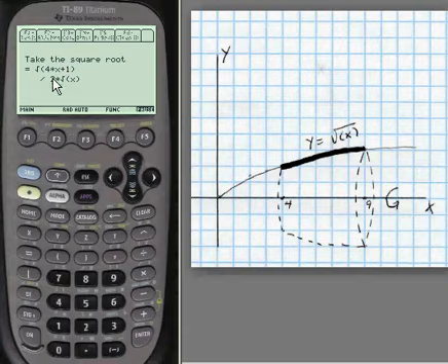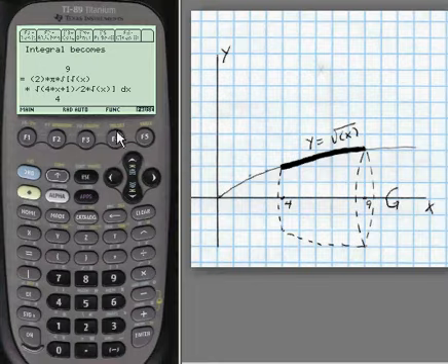Take the square root of that. We get square root of 4x plus 1 divided by 2 times square root of x, okay? So the integral then becomes 2 pi times the integral of square root of x times square root of 4x plus 1 divided by 2 times the square root of x dx.